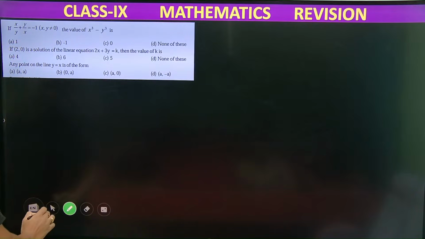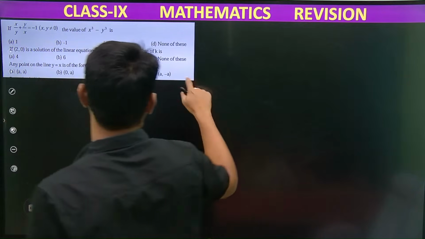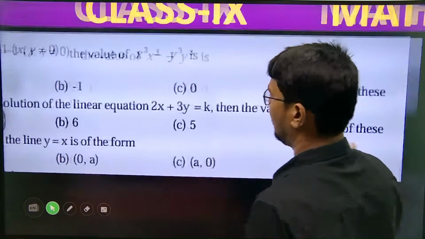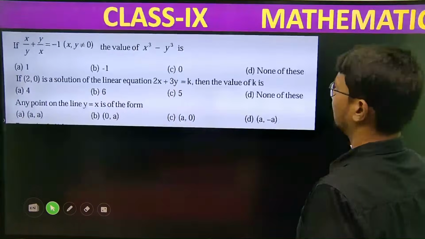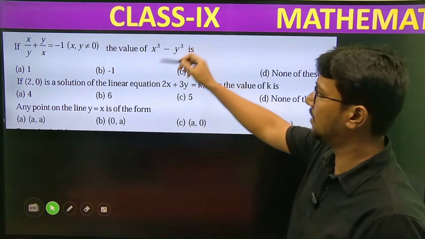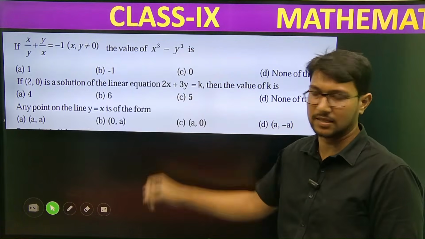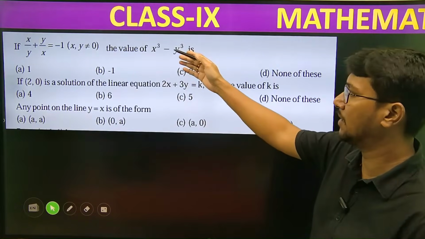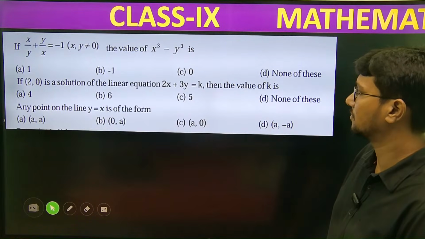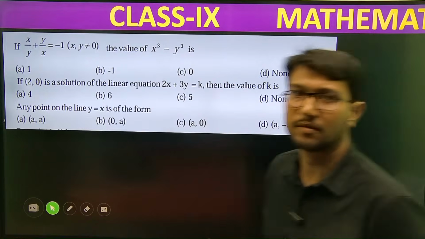Are the questions visible? Check the questions. There are 3 questions: 5, 6, 7. Write them down, solve, and tell me the answer. Everyone, solve.